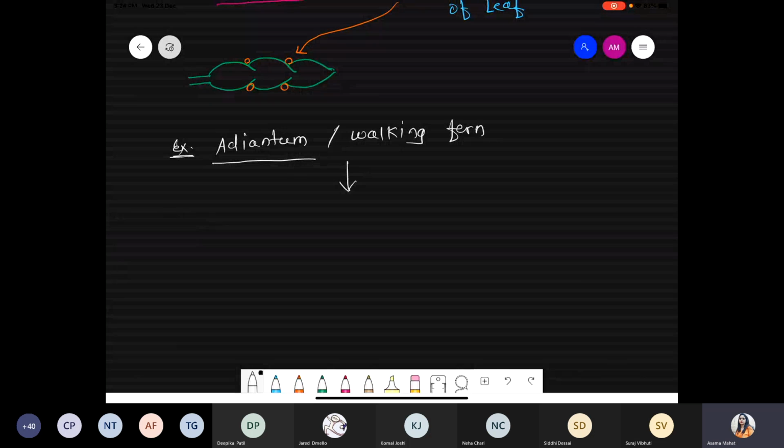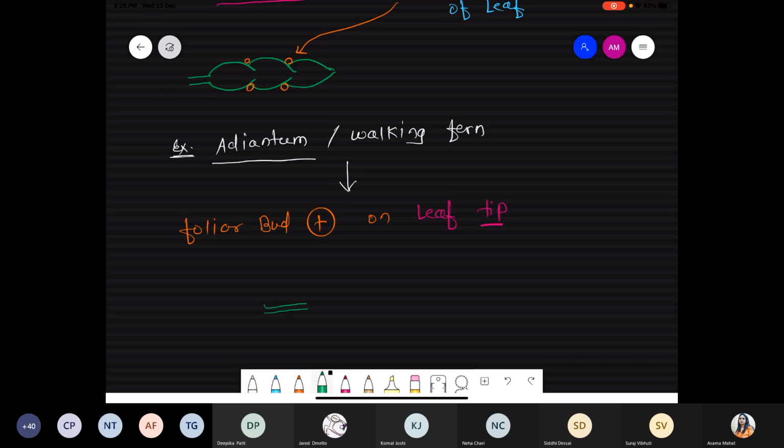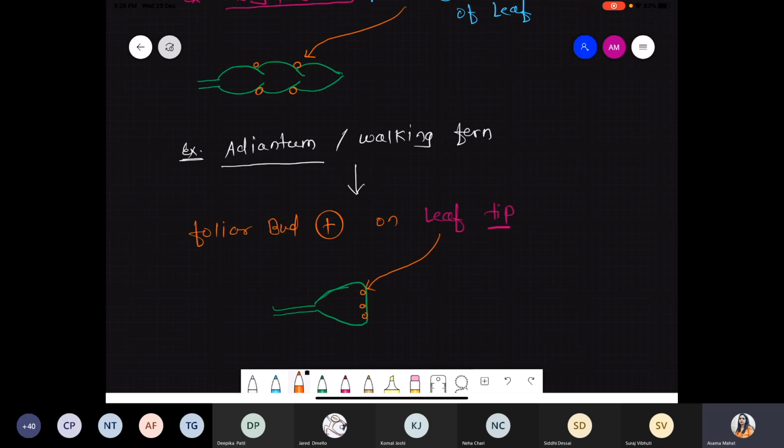Because in this condition the bud is the foliar bud present on the leaf tip. Here it is the tip. In the case of Bryophyllum, the margin is there. Suppose this is the walking fern leaf, like this. And now the buds are present on the tip like this. So these are the buds present on the tip. Got it? Very simple method.